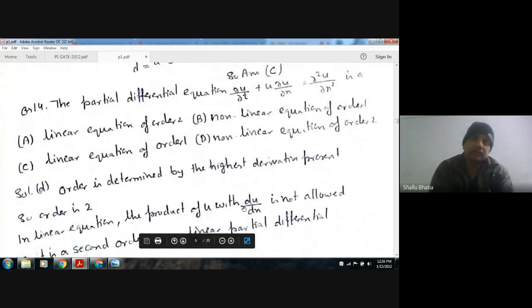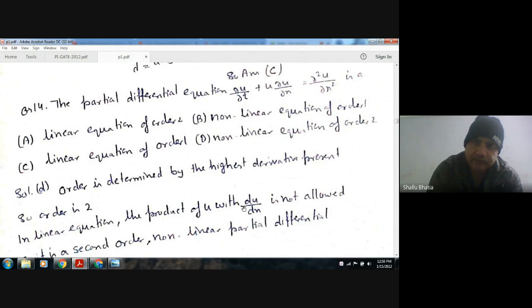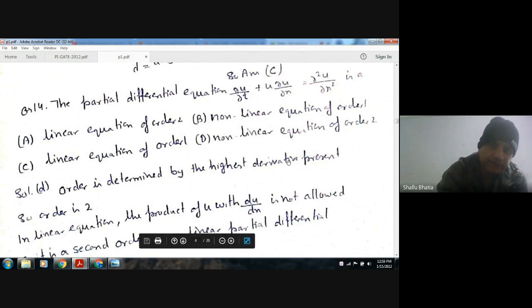The partial differential equation ∂u/∂t plus u ∂u/∂x is equal to ∂²u/∂x² is: option A linear equation of order 2, B non-linear equation of order 1, C linear equation of order 1, D non-linear equation of order 2. The order of the partial differential equation is determined by the highest derivative present in it, so here the order is 2.